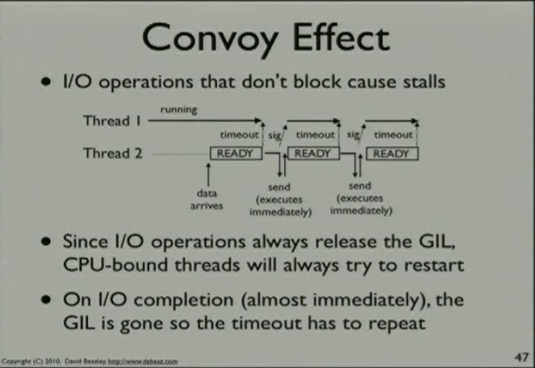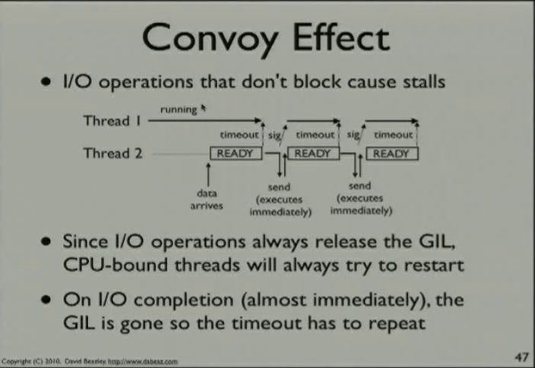And then the other thing, which should have made sense but didn't occur to me at first, is that a lot of the I/O operations you do in Python don't actually block. A fundamental assumption of threads is that when you do I/O, you give up the GIL because you might block. Turns out that a lot of I/O operations don't stop running at all because the data is already buffered in the operating system.